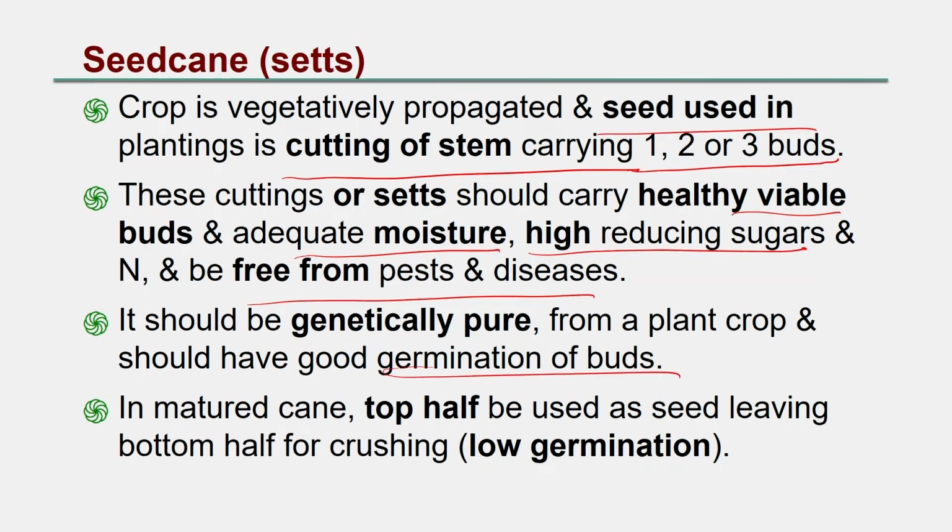So the seed material that is taken for planting should be from the main crop or the first crop, not from the ratoon, because ratoon seed may not be healthy. It may contain some diseases or infestation by insect pests and diseases. So seed of the first crop should be used, which is called plant crop.